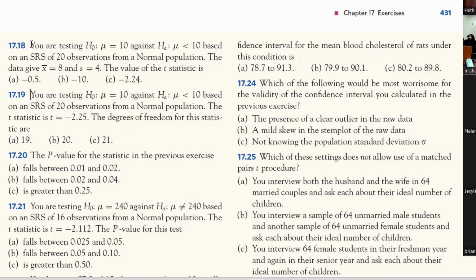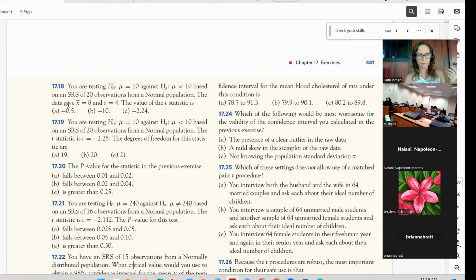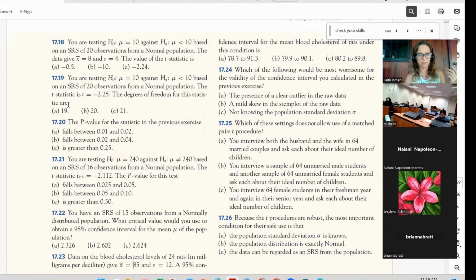And I'm not going to expect you to know the p-value because I'm not going to give you a lookup table, because we didn't go over that, and we're not going to use R in the final. So I wouldn't give you those questions.